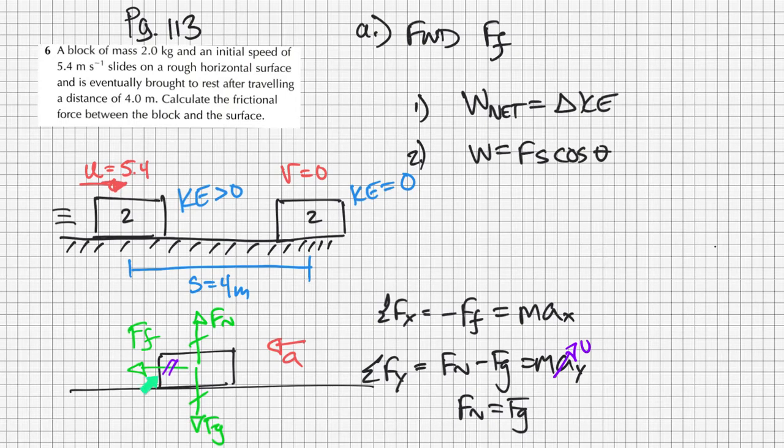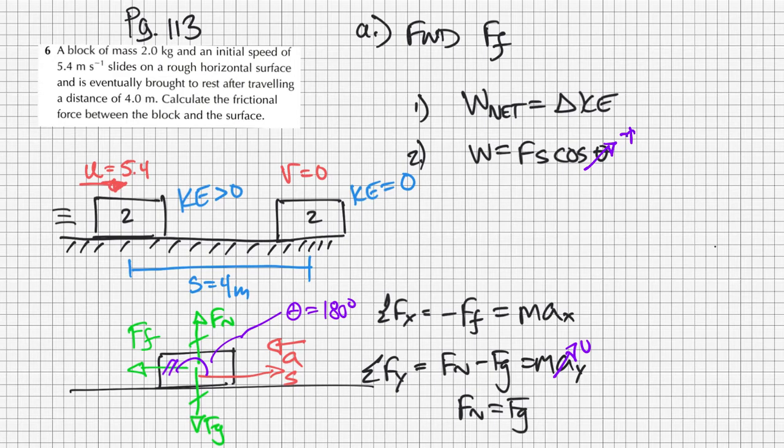If my displacement is to the right, that's my s, the angle here would be my theta of basically 180 degrees. And that's just going to mean that I have negative work done.